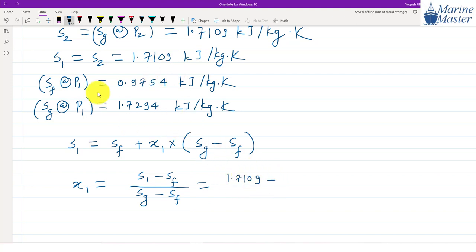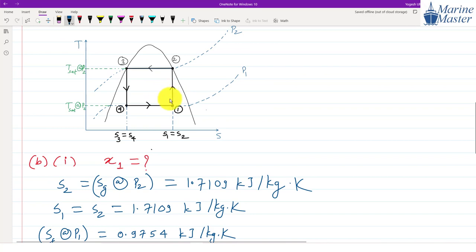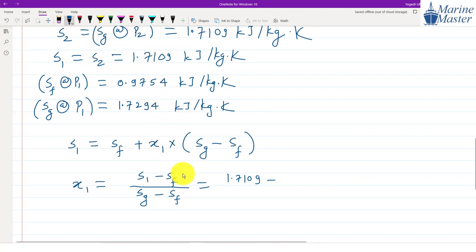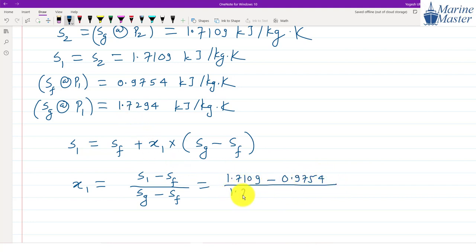What is the value of S1 we have? 1.7109. Which SF do we have to consider? At P1 pressure, guys. Why P1 pressure? Because the pressure of point 1 is P1. So S1 is 1.7109, SF we consider at P1 pressure, 0.9754. Then SG is 1.7294 minus 0.9754. Please do the calculation and tell me the value of X1, guys.